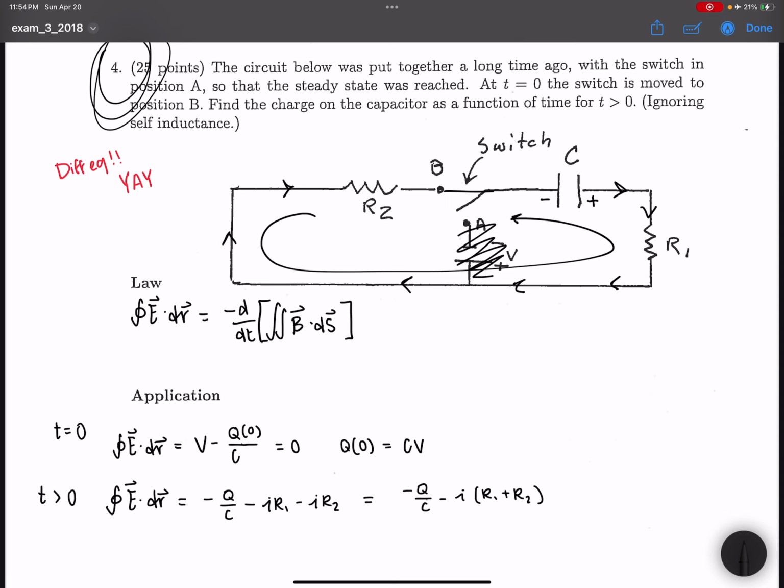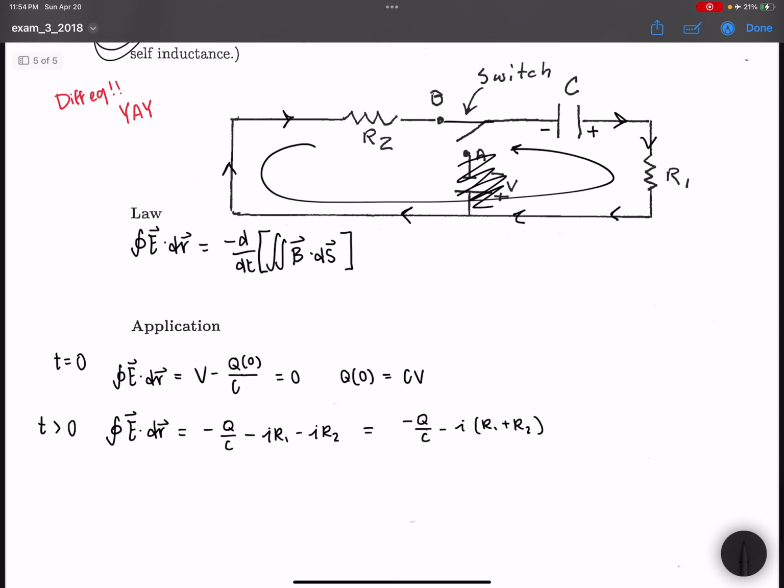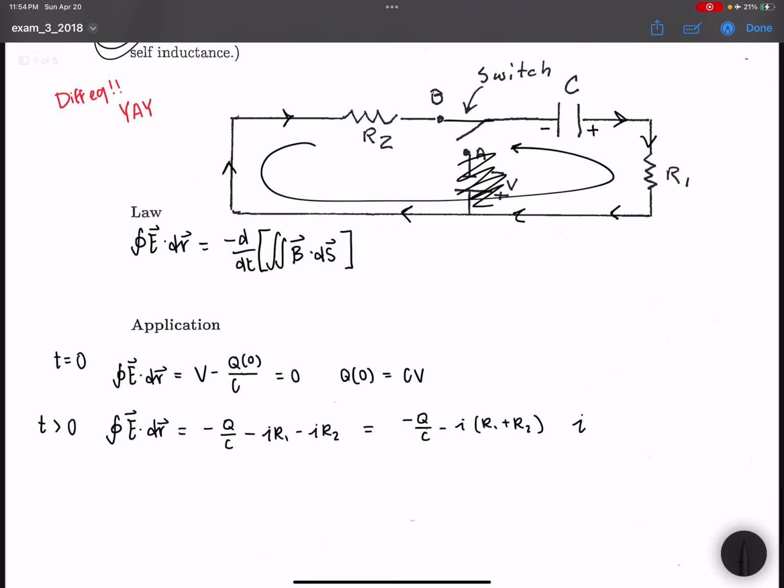It's discharging over the circuit, because we built it up with the battery. I equals negative dQ(t) over dt.